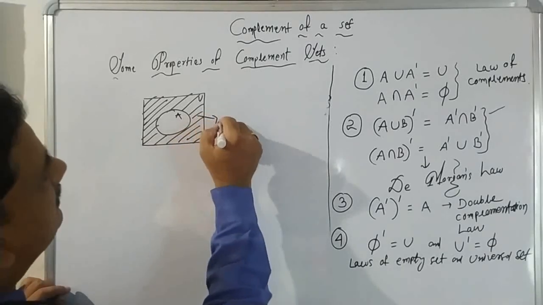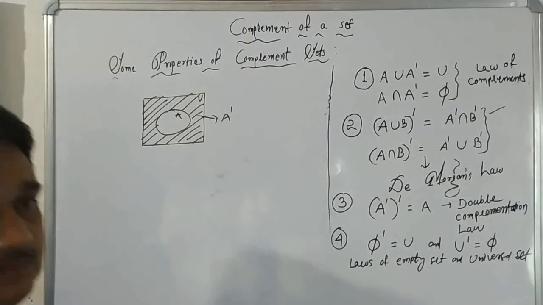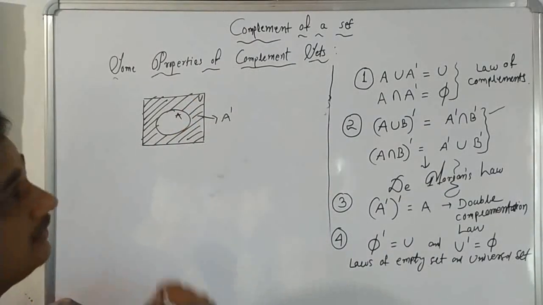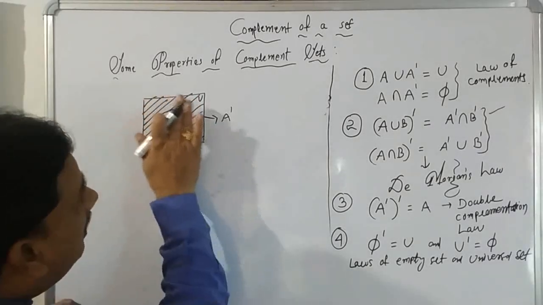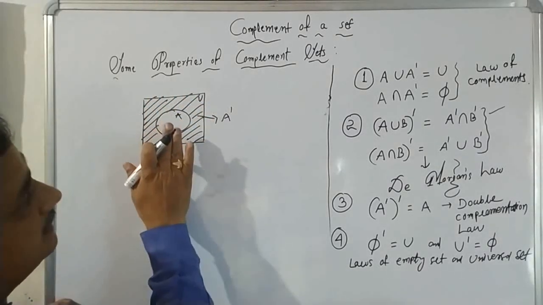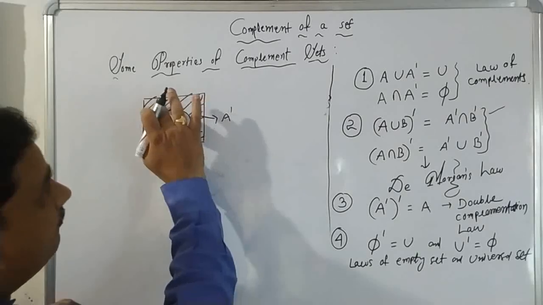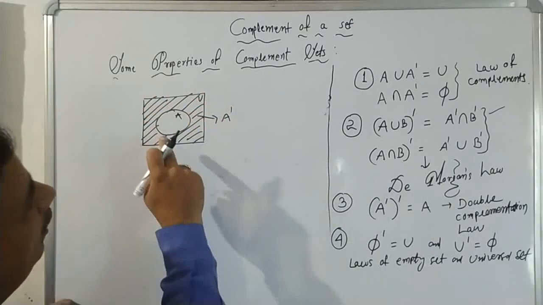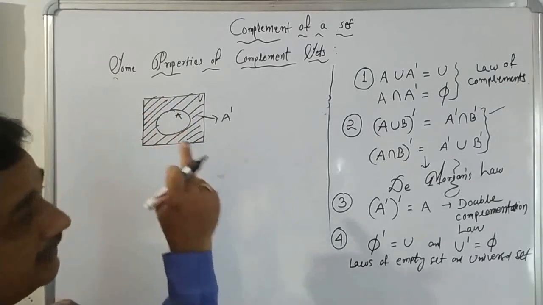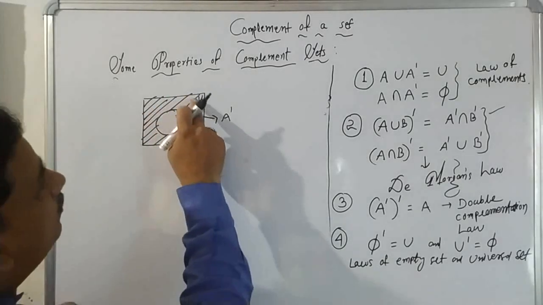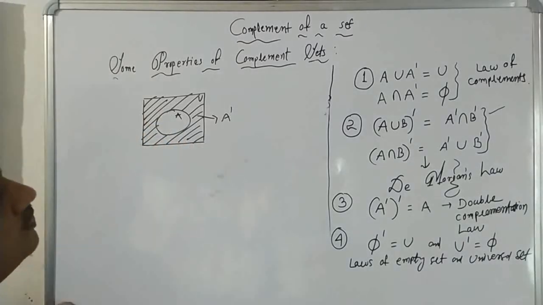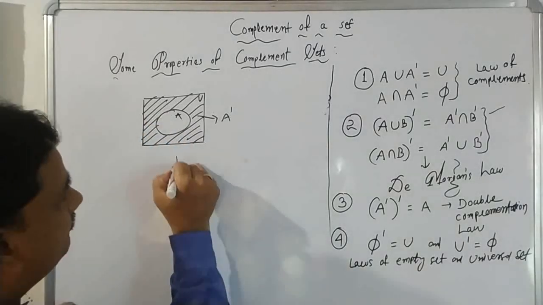So this part is your A dash. Now its complement. Complement of this part means the elements that do not belong to this part and belong to U.